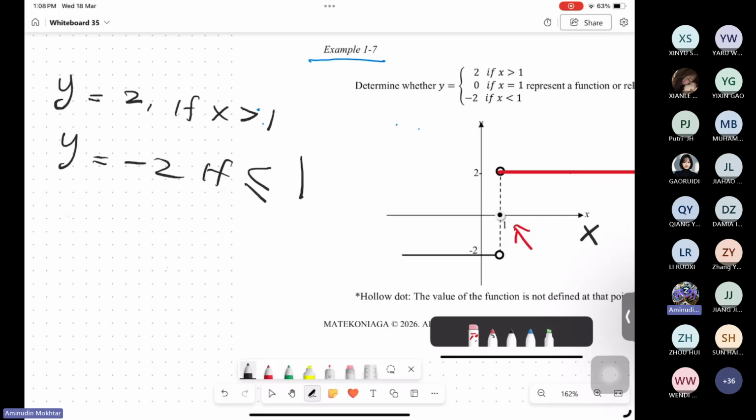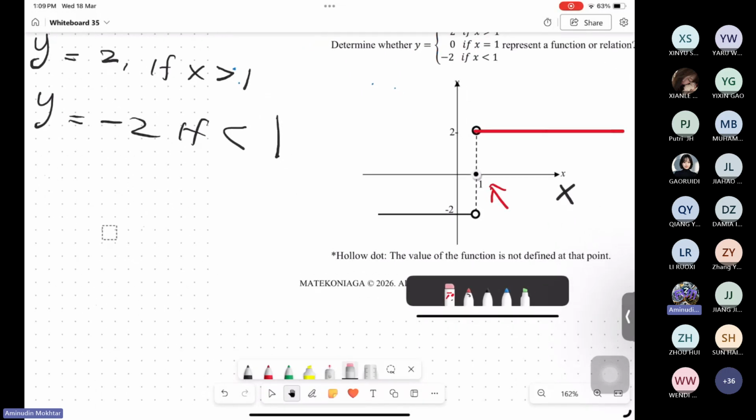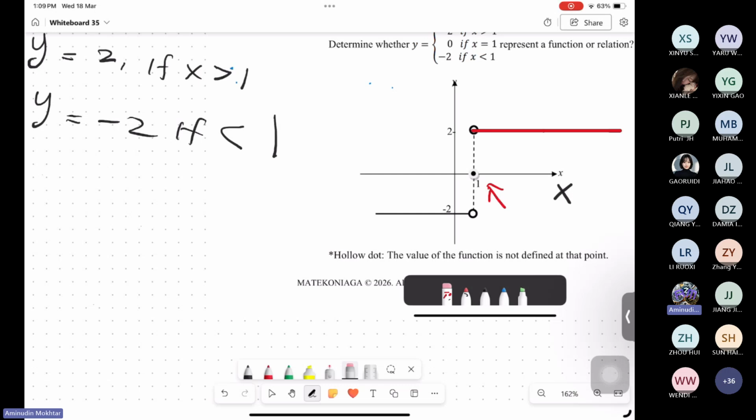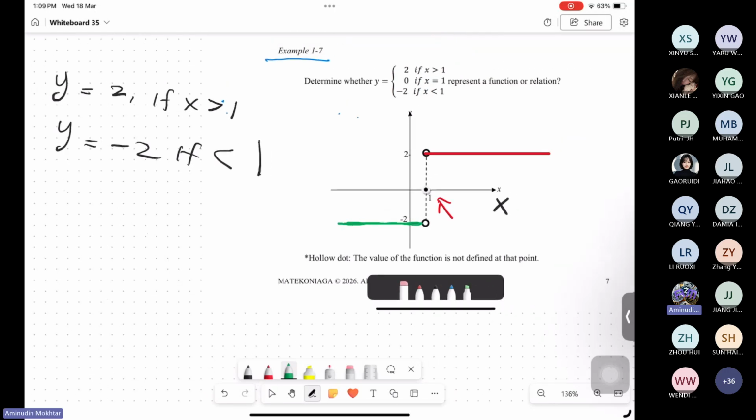When the value of x is less than 1, the value of y is -2. So I need to draw the line for the area where x is less than 1. Now that's how to draw the line.